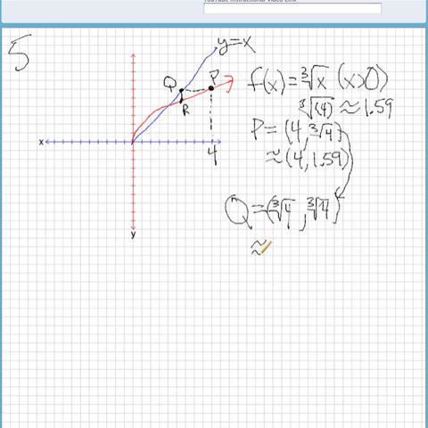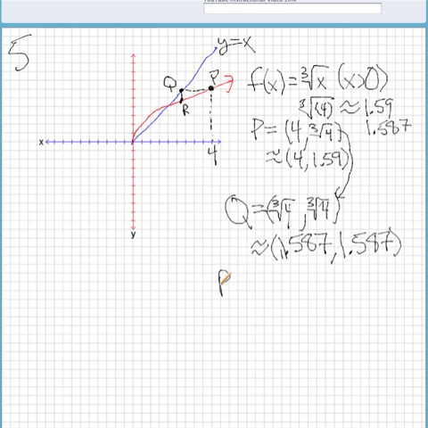For the approximation we needed 3 decimal places, so that's 1.587. And since this is the same again, 1.587, it's the same because it's on the y equals x line.